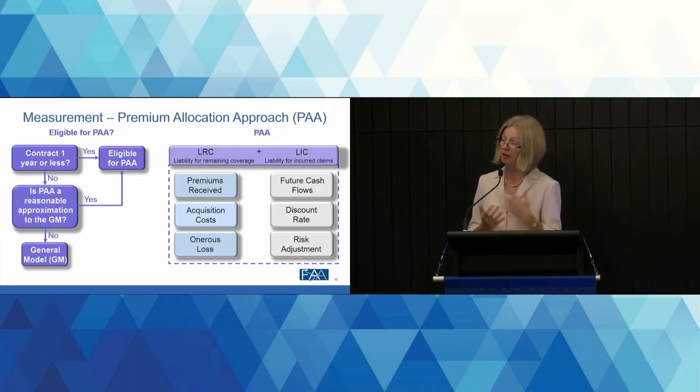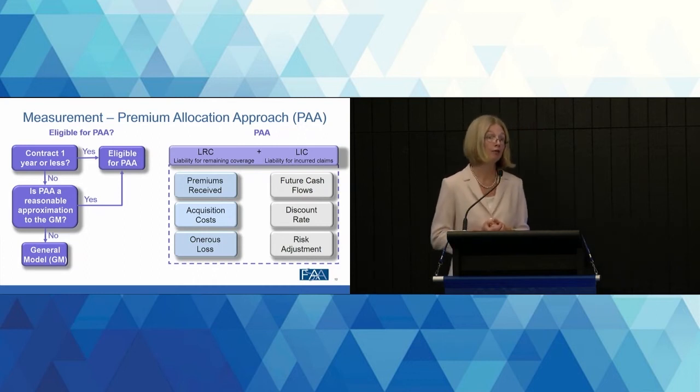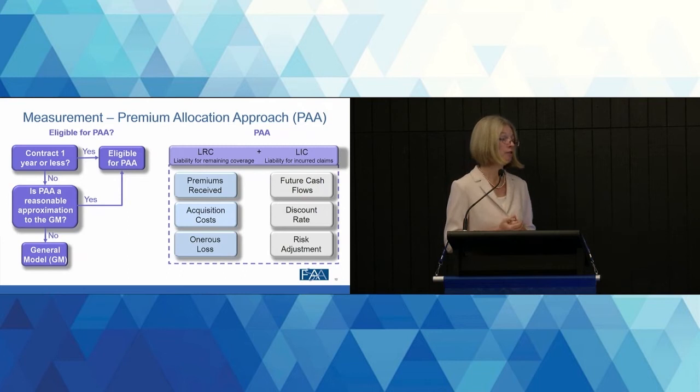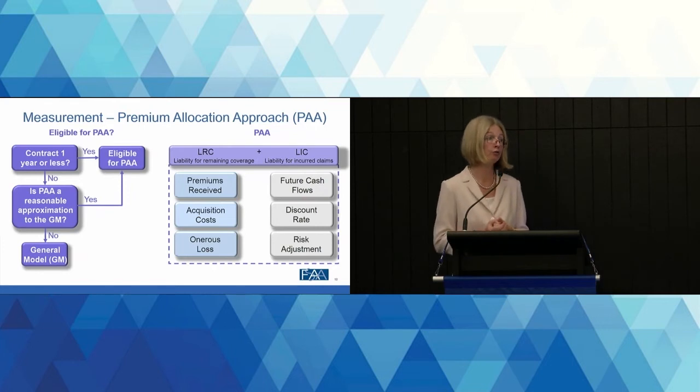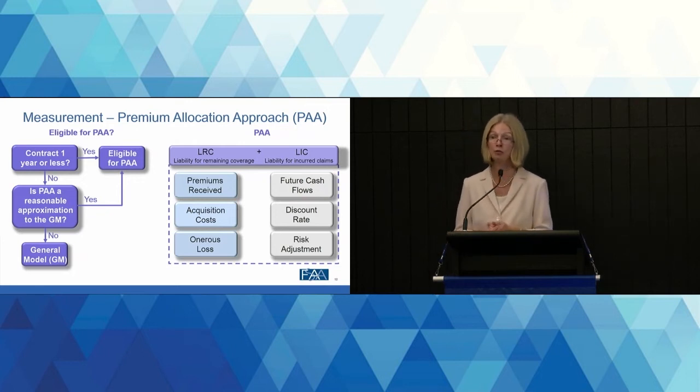If you meet the criteria and choose to use the premium allocation approach, as regards onerous losses, the standard does consider up front that the base rule is that a group of contracts measured under PAA are not onerous unless you have facts and circumstances that indicate that cohort would be onerous.